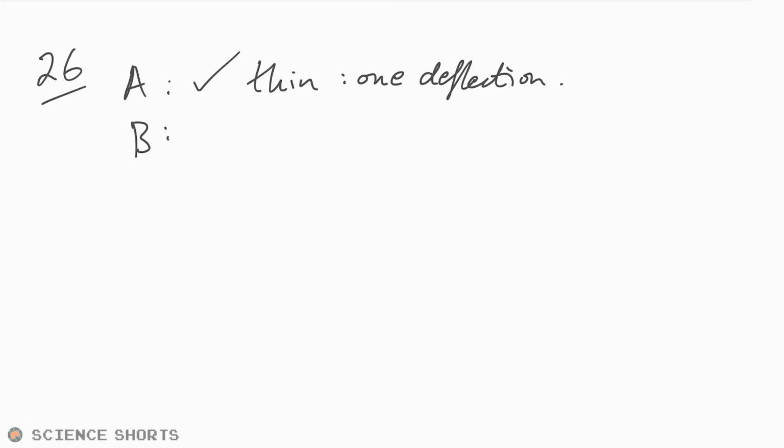Alpha particle, thin gold foil. What statement is not true? Okay, foil is thin enough to assume that alpha particles are deflected only once. Yes, that is true. B, nuclei are more massive than the alpha particles to be deflected by more than 90 degrees. Yes, because if that wasn't the case, then the particles would get deflected.